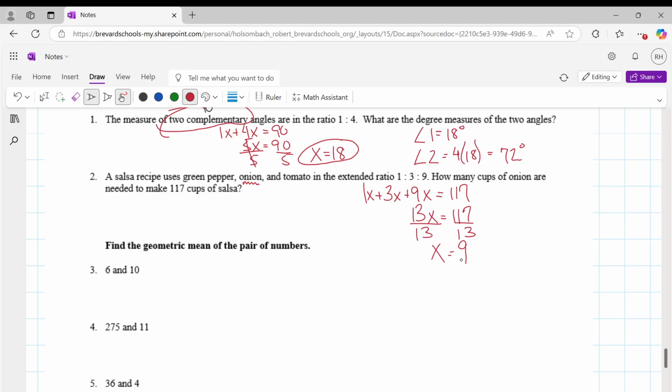That's our multiplier. So how many cups of onion? That's going to be equal to 3 times the multiplier. So 3 times 9, which is 27 cups of onion.